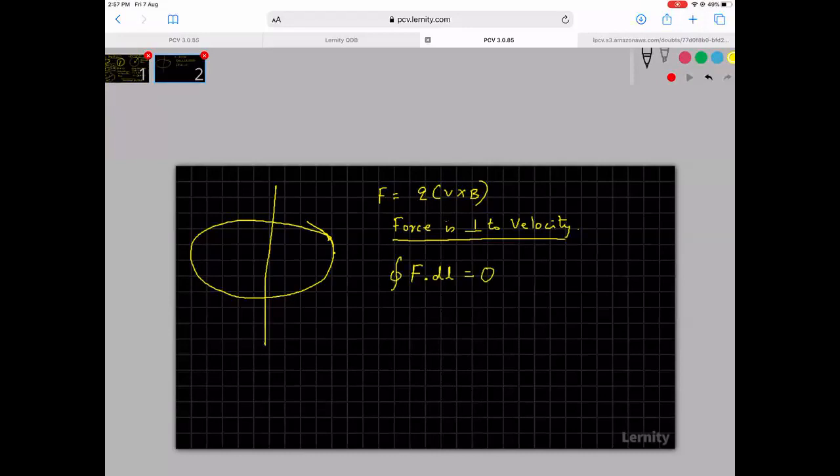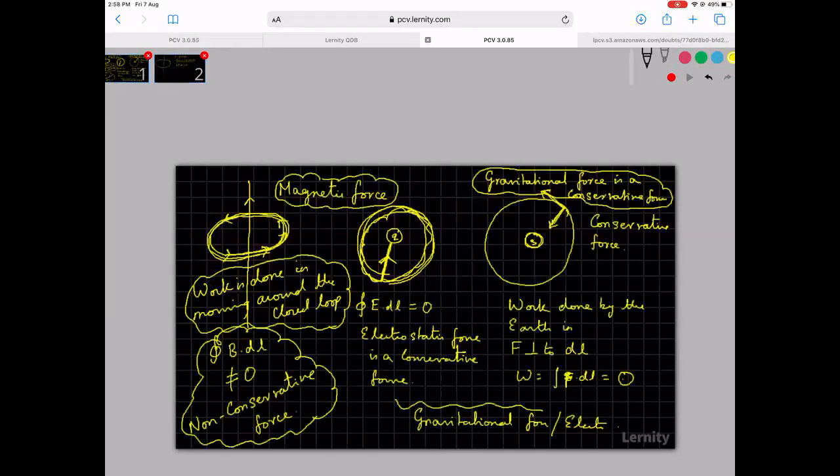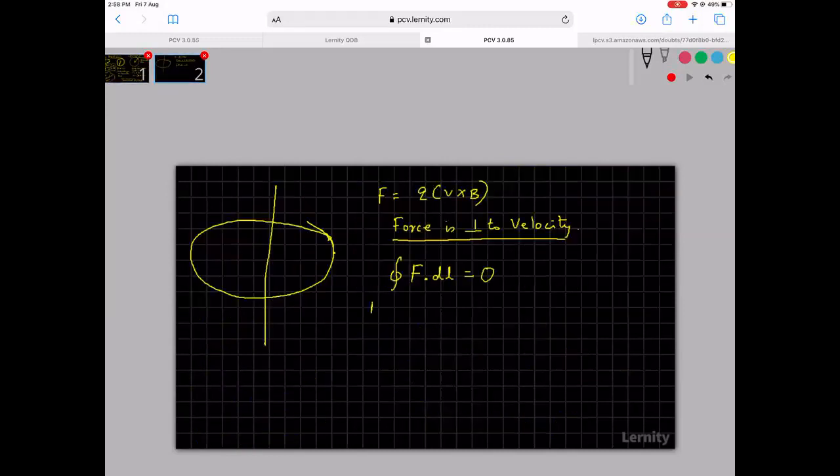That will also be equal to 0. So that is what we saw here in this case and in this case. So now it means that it is a conservative force.